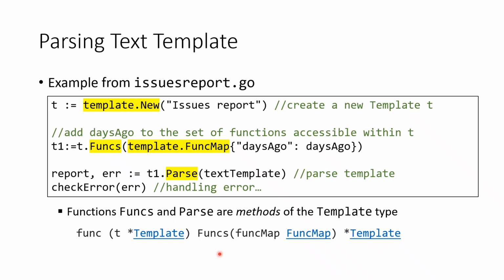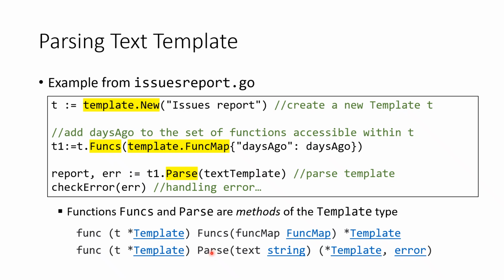Function Parse is also another method of the template type, so we can call it on the template t1. It takes a string that stores a text template as argument and returns a template that is a suitable internal representation for the given text template.